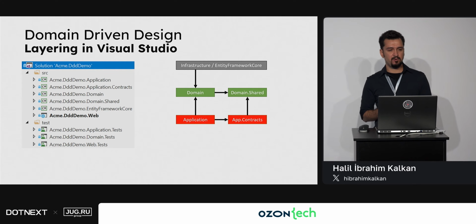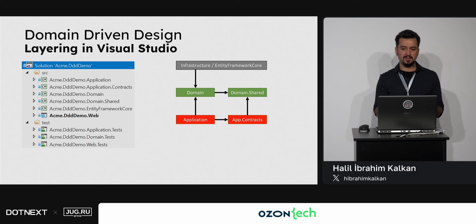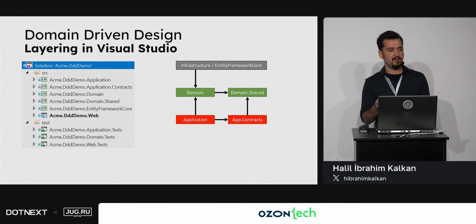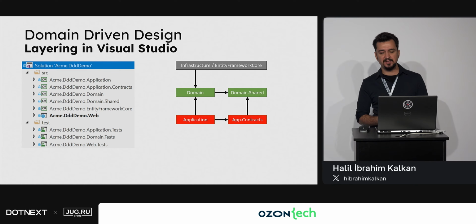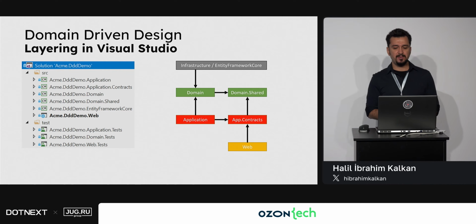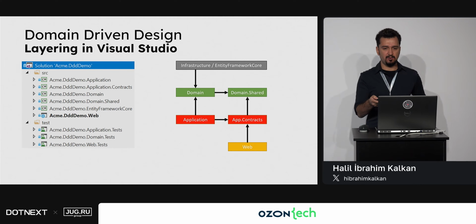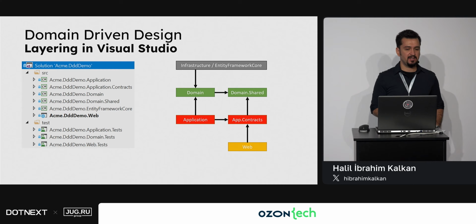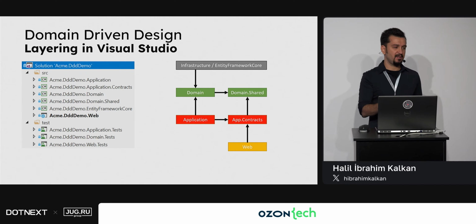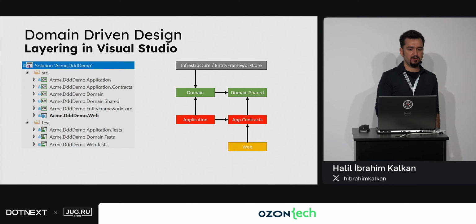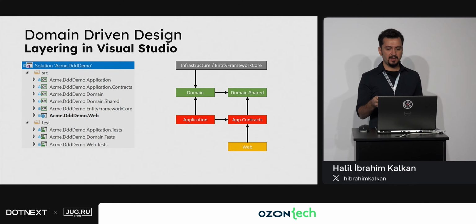Infrastructure, or Entity Framework Core for example, depends only on the domain layer because it only maps the entities to database tables, and doesn't depend on the application layer. And the web layer depends only on the contracts package, not the implementation package. In this way, it cannot access entities or domain services accidentally.